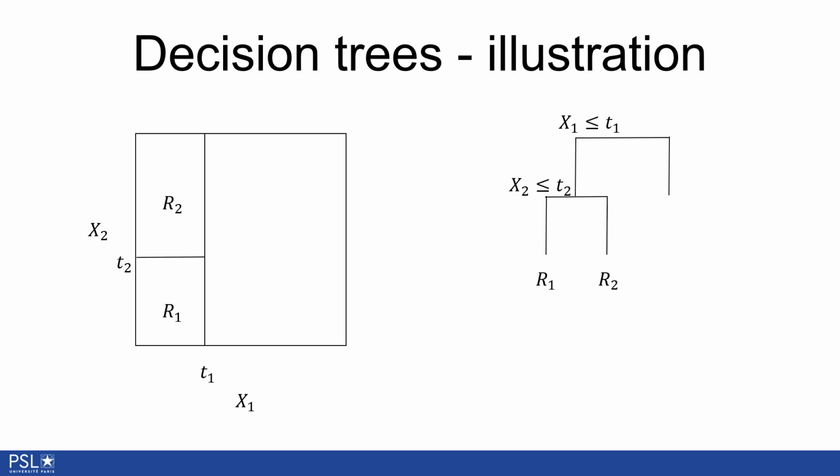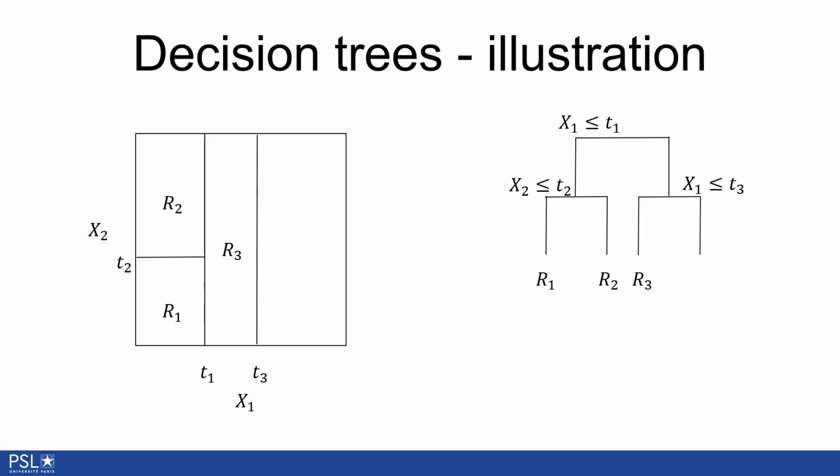If x1 is smaller than t1, then the next step is to compare x2 to a split point t2. And this defines two subcases that correspond to regions R1 and R2 of our final partition. If x1 is larger than t1, then the next step is to compare x1 to a third split point t3, which defines two additional subregions.